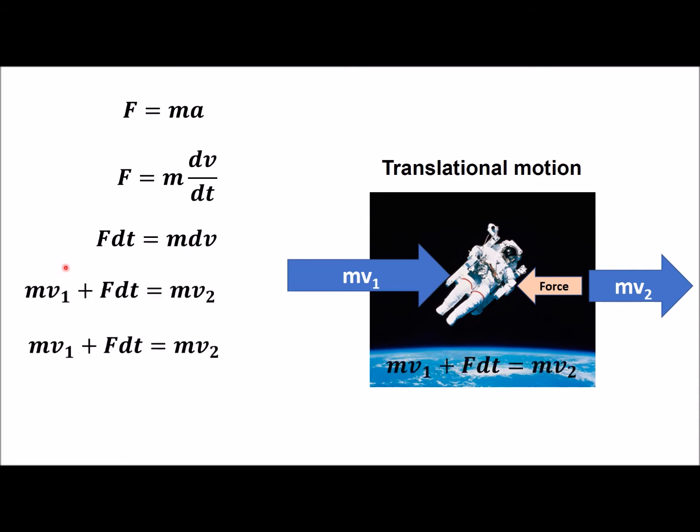What we end up with is some initial linear momentum, and then we're going to apply a force, and that force is going to act on the object through some time period dt. This is impulse, and usually the dt in these cases is short for an impulse.